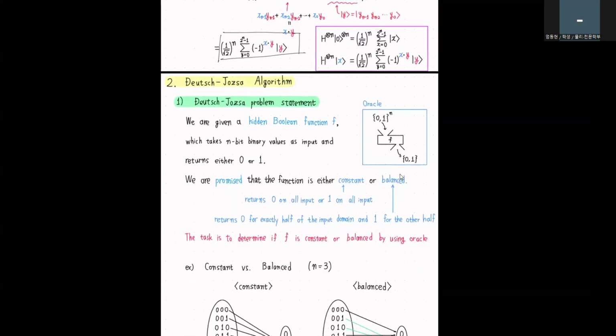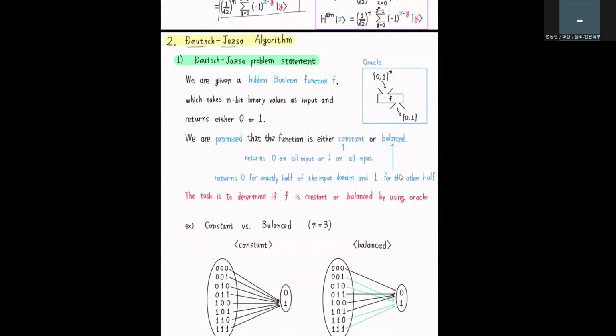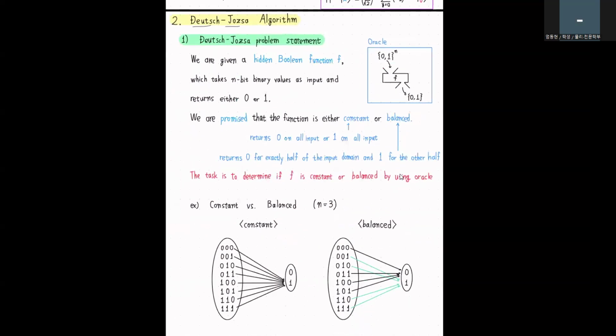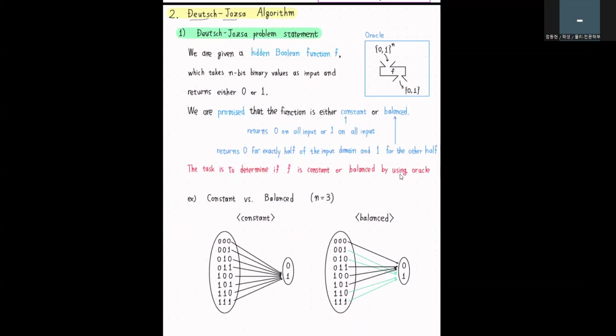So moving on, the first algorithm we're going to cover is called the Deutsch-Jozsa algorithm. The Deutsch-Jozsa algorithm aims to solve the following problem. Let's say we have a hidden Boolean function f, which takes n-bit binary values as the input and returns either 0 or 1.